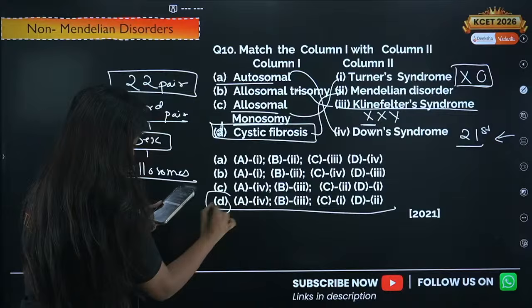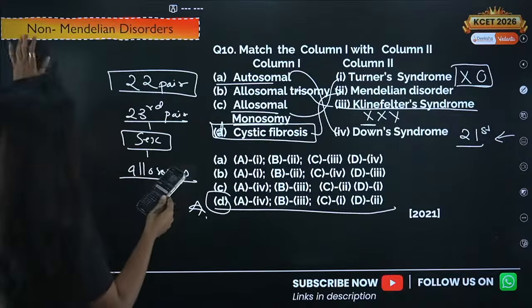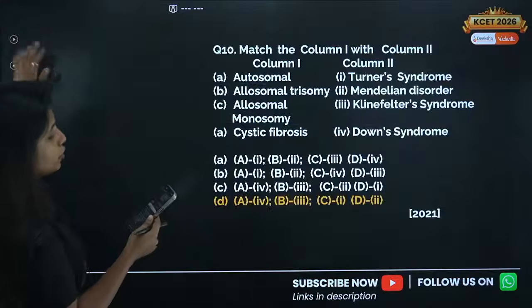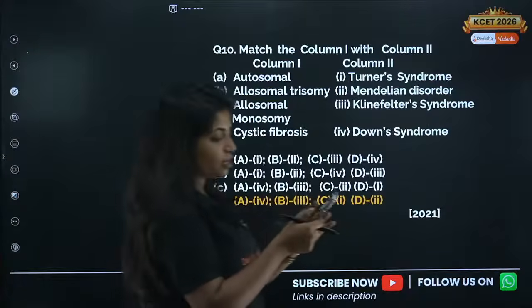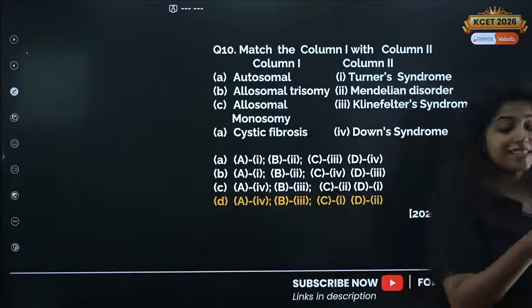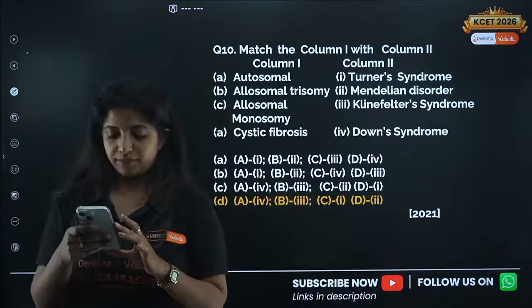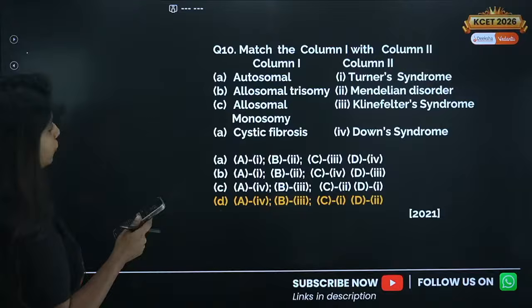All of you who said D are correct. Awesome. I am seeing children are able to answer it even without explanation. That means you are one step ahead of everyone else. Kudos. Super proud of you.